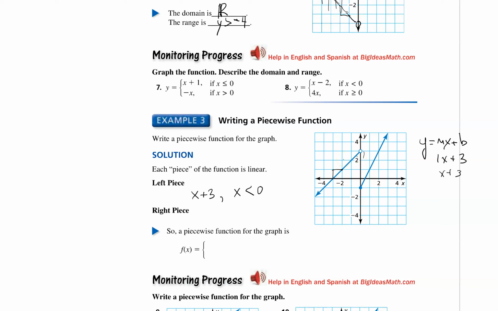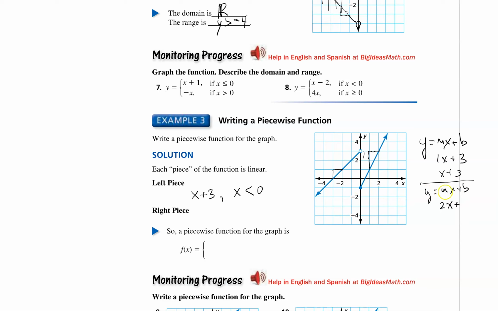The right piece, we see that it goes up 2 and over 1. So its rise is 2 and its run is 1. And so in this case, y equals mx plus b. We see the slope is 2x plus the value of b, and it crosses the y-axis at negative 1.